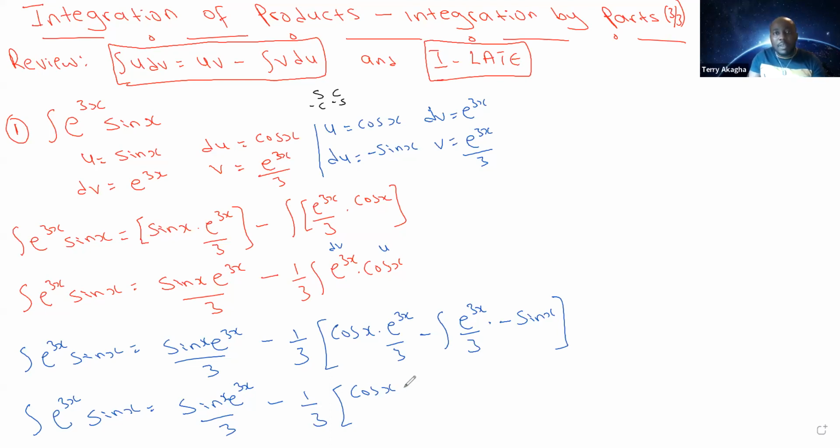Cos x e^(3x) divided by 3. Now, minus sin x times minus sin x is going to give you plus. So it's going to give you plus. Then you integrate.